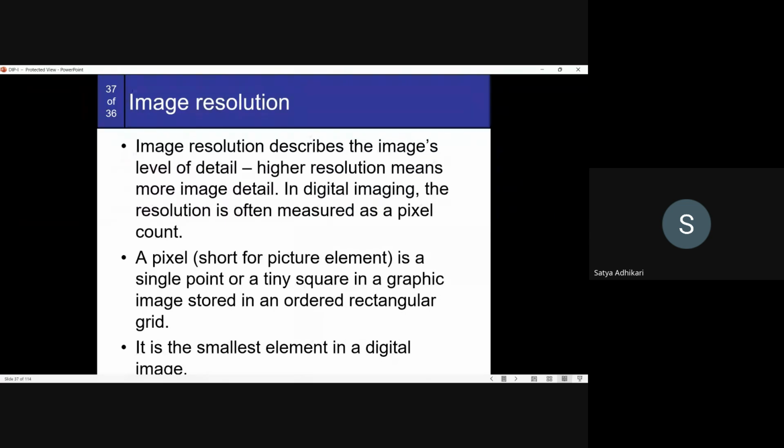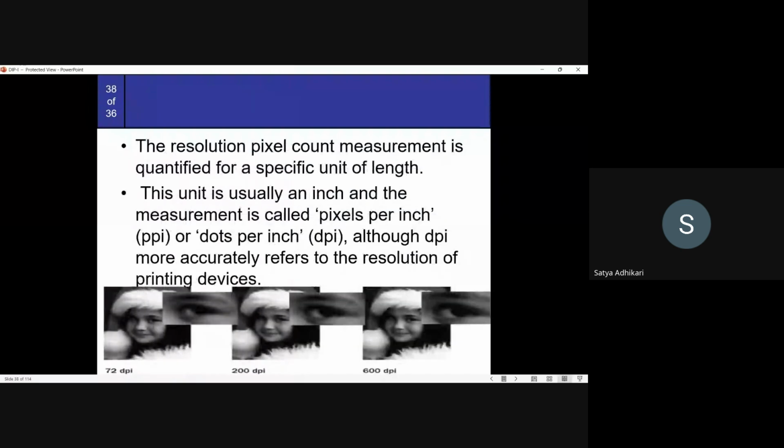And as we discussed, it is the smallest element in a digital image. It is the smallest element, the pixel. You have heard about the megapixel and gigapixel, but the pixel is the smallest element. You see here, the resolution pixel count is quantified for a specific unit of length. That is the number of pixels in a unit area.